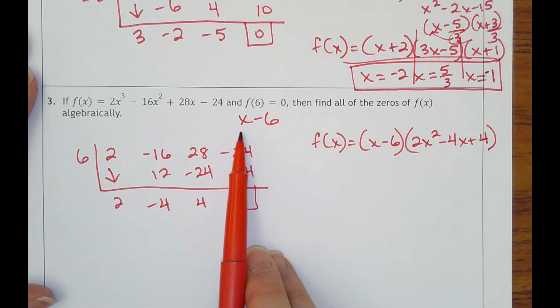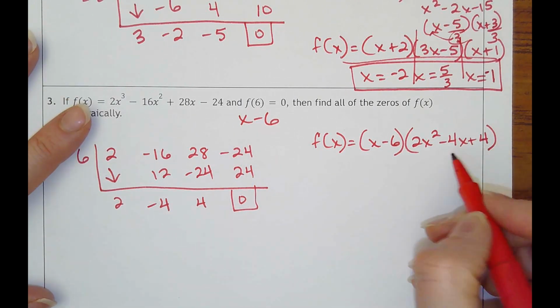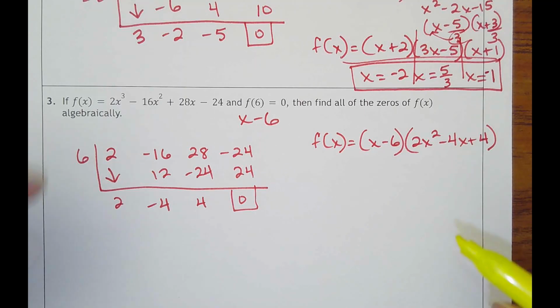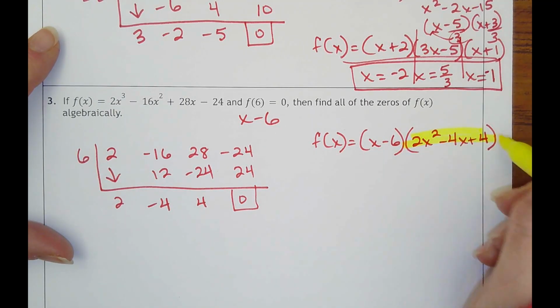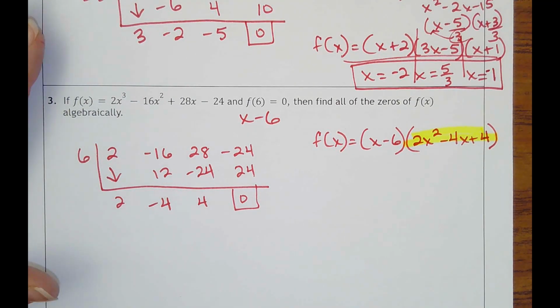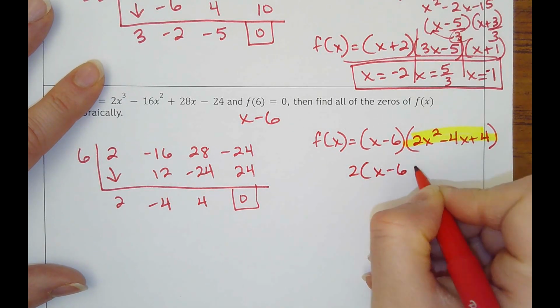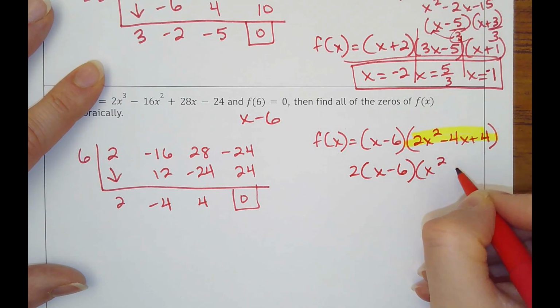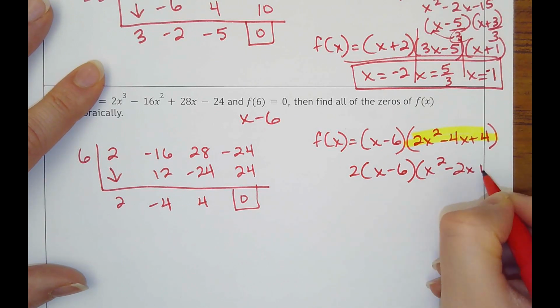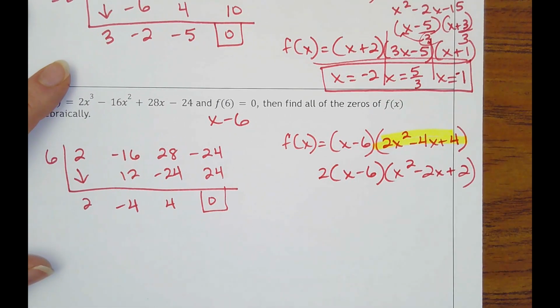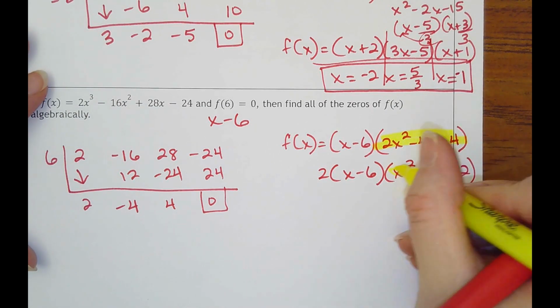My factor that I got from the problem is x minus 6. So now I would have to factor this. I'm going to take out a 2. That'd be x squared minus 2x plus 2. And then I'd still have to factor this.